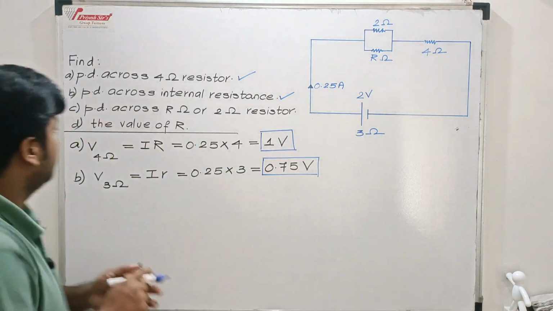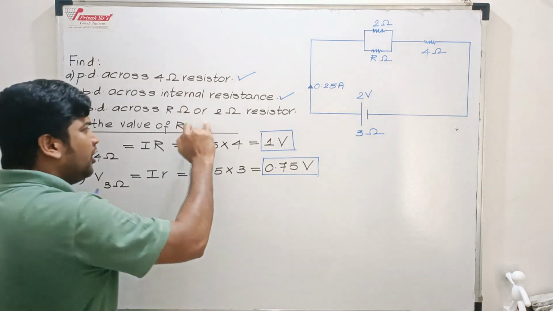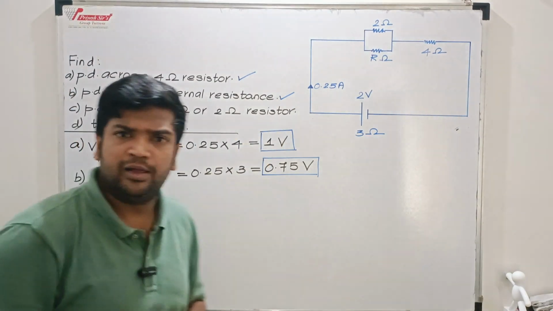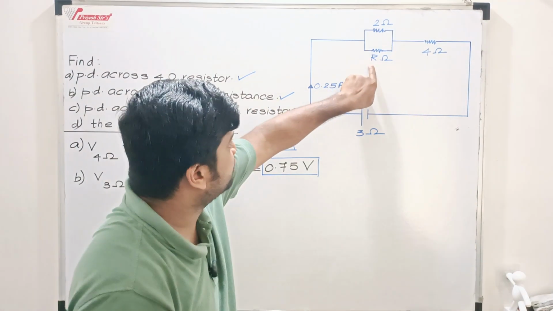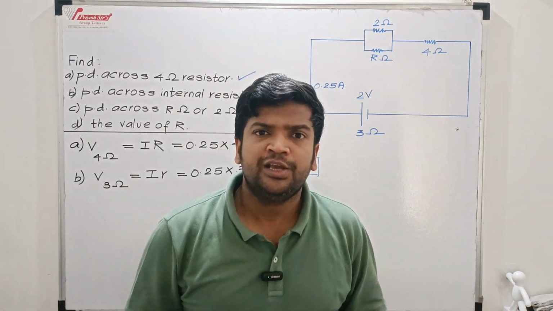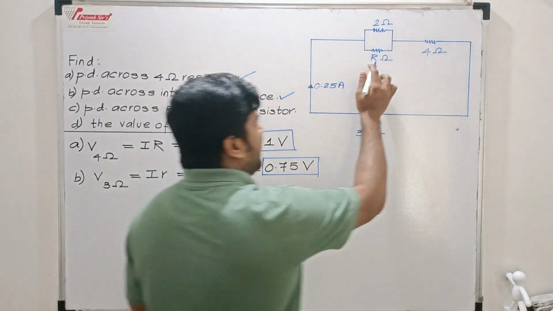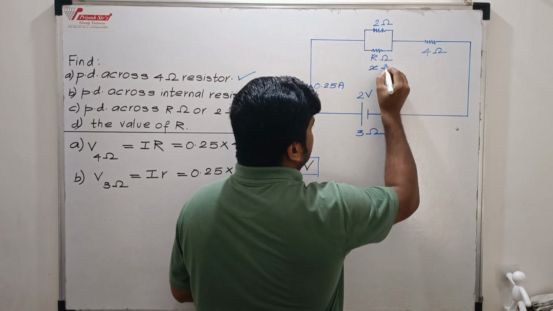Okay, now children, pay attention. Now what they want? They want us to find the potential difference across R or 2 ohm resistor. Now the concern is this R, which is unknown to us. It's not given to us. So let's try to find out that first. So what I'll do is, this R, I'll take it as X ohms.